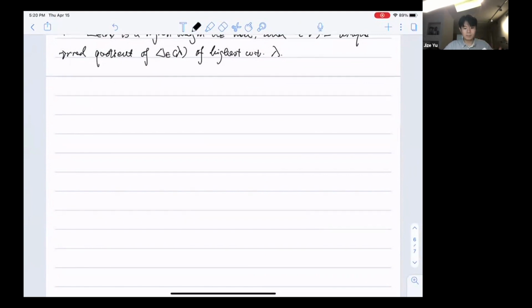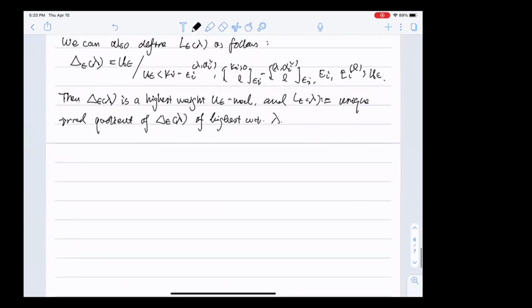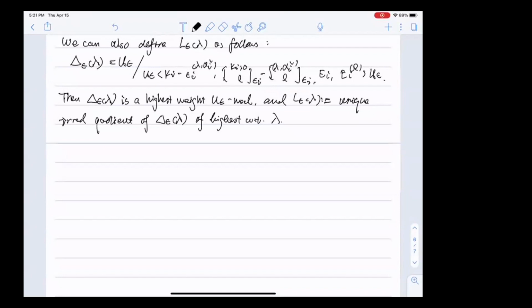Right. So the next topic. I have a naive question. Would you mind scrolling up a little bit? Sure. Like this? Yeah. Is it really a two-sided ideal you're killing here? Well, the answer is no. Okay, great.